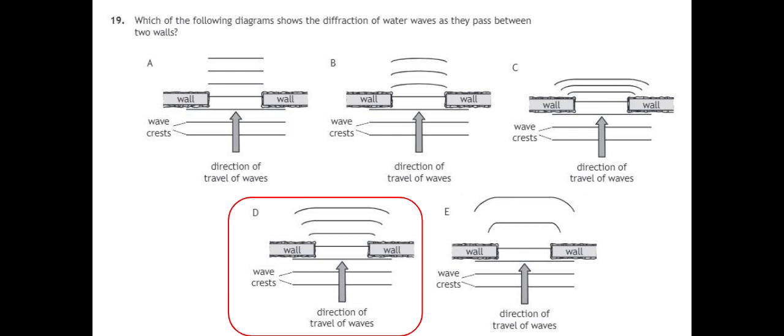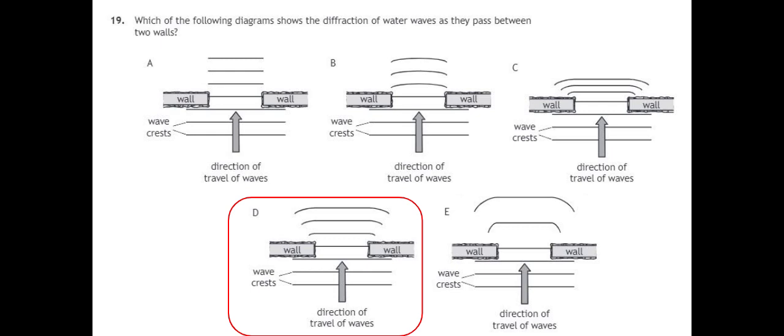If the gap between the walls is of a larger size than the wavelength of the wave, then we would see a flat section in the middle and then just curved bits at either side, whereas the waves that are passing through the gap in B shows only curved waves, so it would not be B. C and E both show the wavelength of the waves changing after they have gone through the gap.